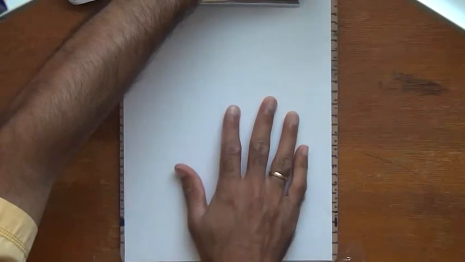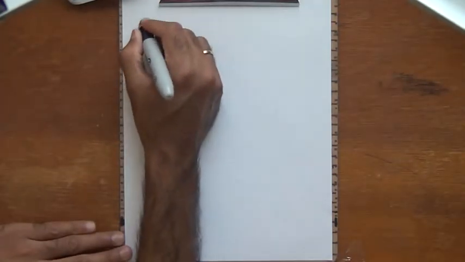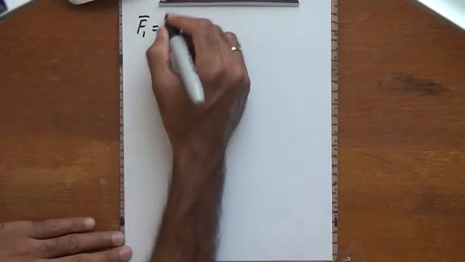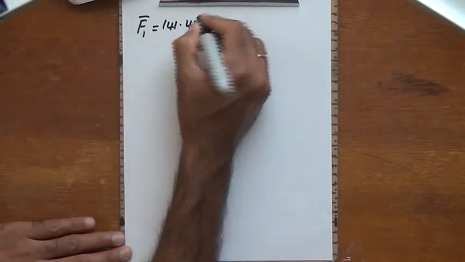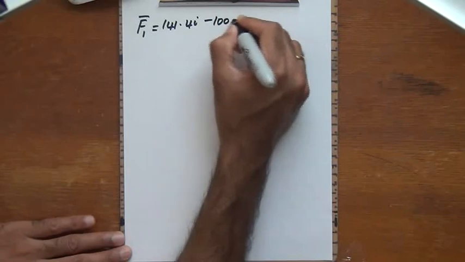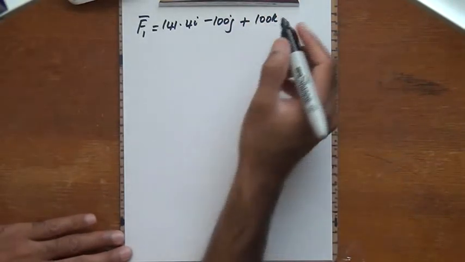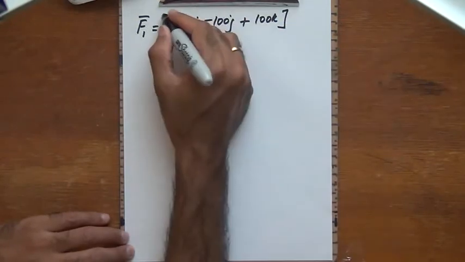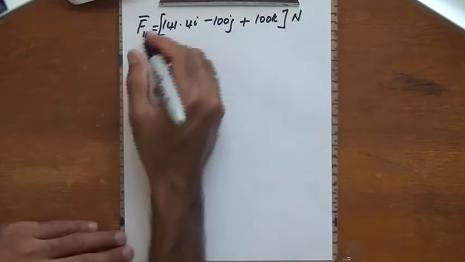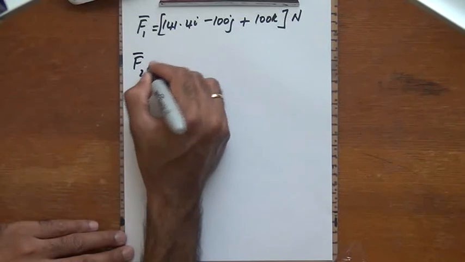Alright, so here are the three force vectors. I'm just going to rewrite F1, F2 and F3. So force vector F1 from before was 141.4i minus 100j plus 100k newtons. I'm going to skip the fact that these are newtons, or well, let me as well write it out here.